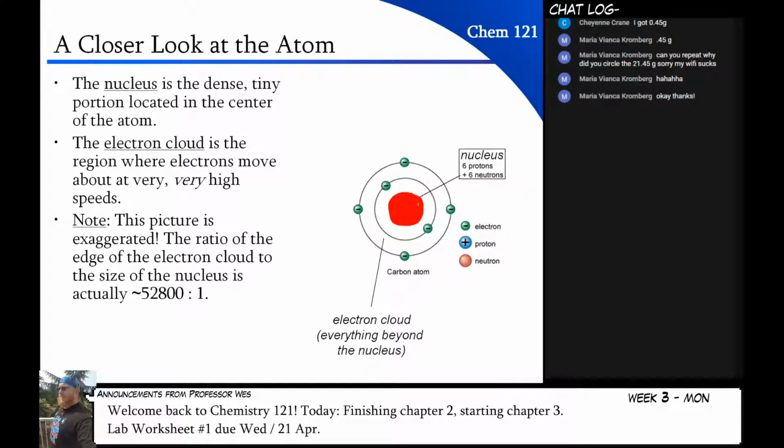I would have to multiply that by 5,000 or 52,800 to get where the edge of the electron cloud would actually be. So let's do that. 1.5 times that number, and I'm going to turn it into feet. So if I drew my electron cloud like this, and that's the nucleus, the edge of the electron cloud would be 6,600 feet away, or roughly a mile.